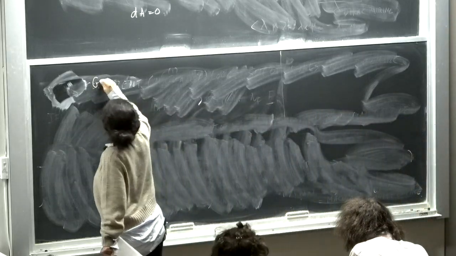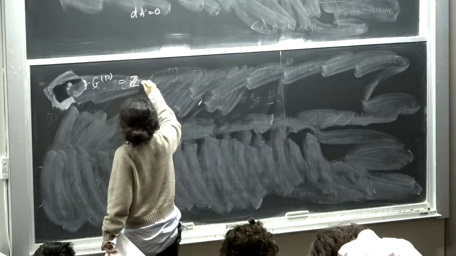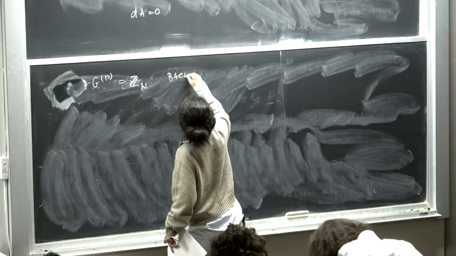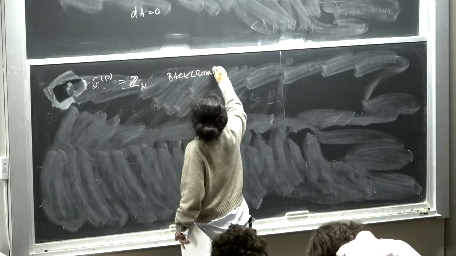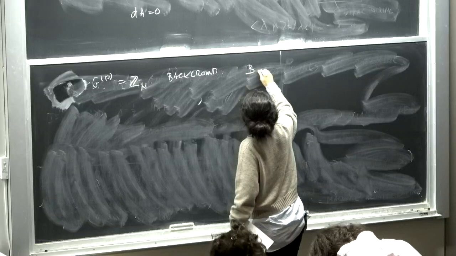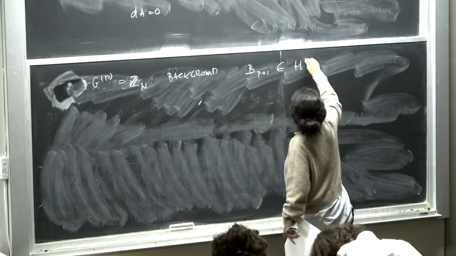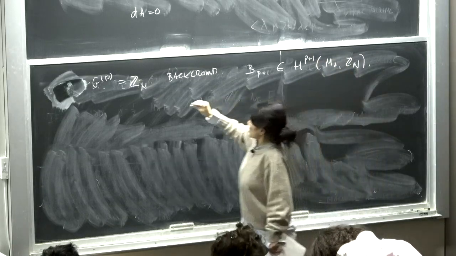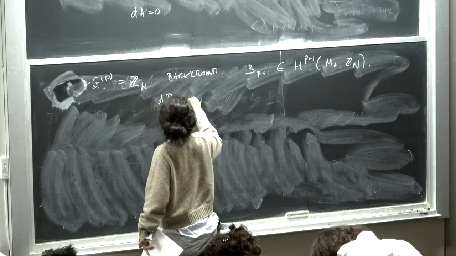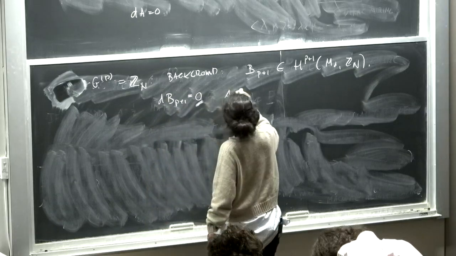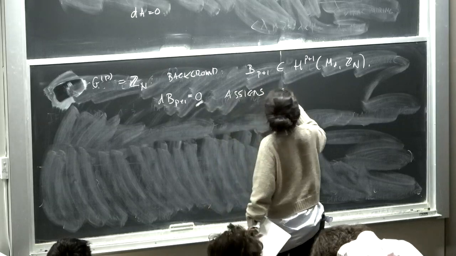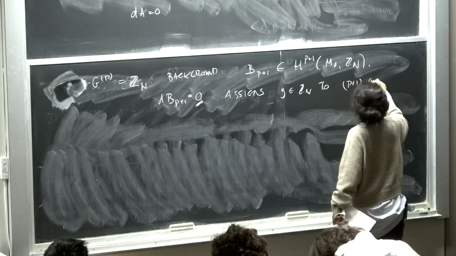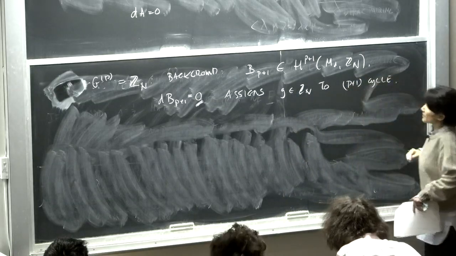So for Gp, again isomorphic to some Zn, a background field will be a field B_{p+1} in H^{p+1}. And all this means is it's flat and assigns a g in Zn to a p+1 cycle in your spacetime.